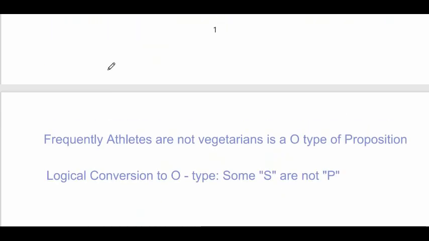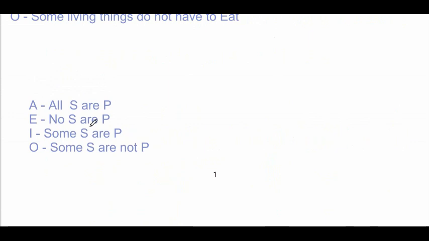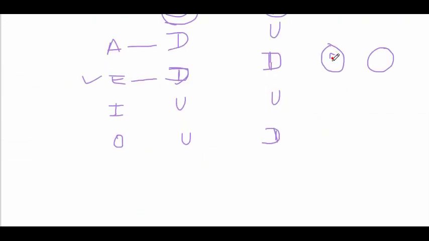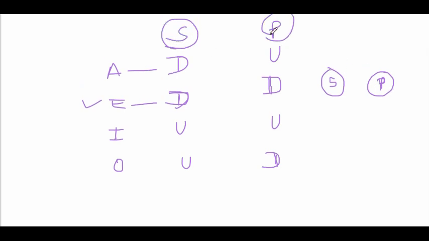What does the E proposition type say? It says no S are P, meaning nothing of the S is in P. No S are P means S is completely excluded from P. Nothing of S is in P.